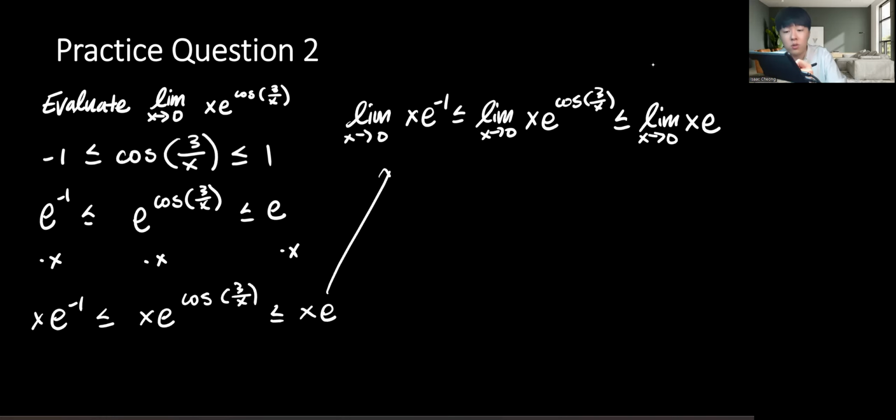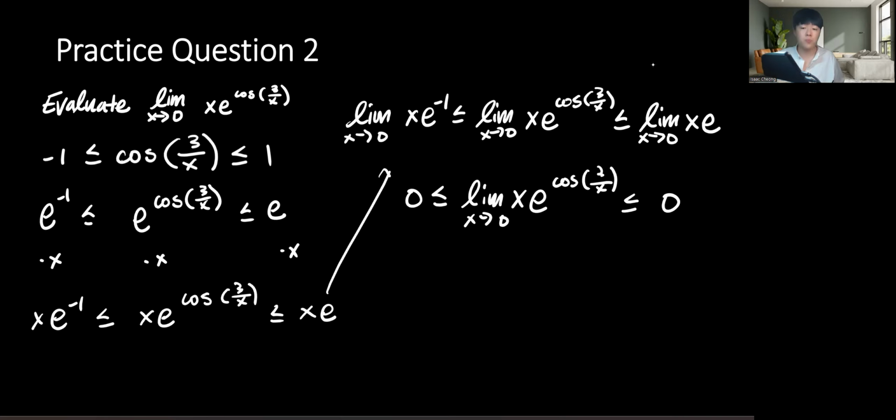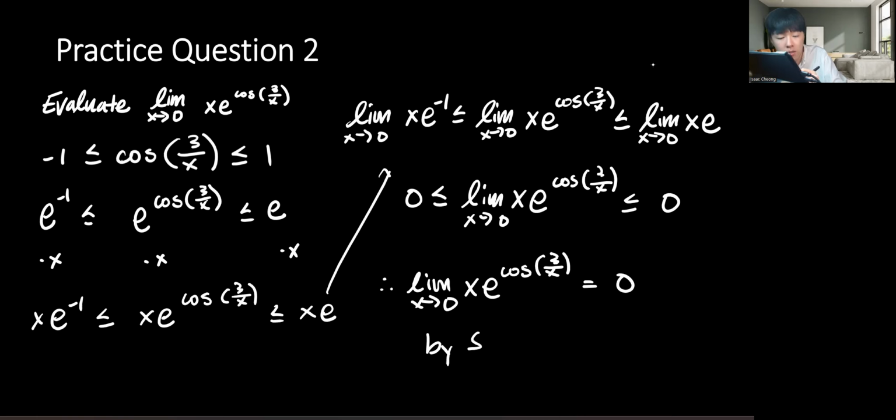So the limit of x e to the cosine of 3 over x is sandwiched by 0 on the right and the left side. Therefore, this must be equal to 0, by the squeeze theorem.